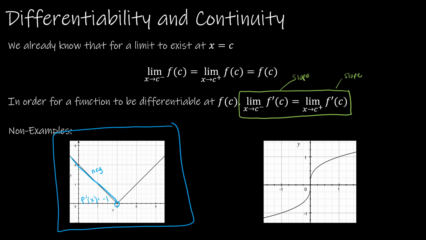But on the right-hand side, f prime of x is equal to +1. So at the point 2, I've got a -1 on one side and a +1 on the other side. Those aren't equal, and therefore a limit doesn't exist. So whenever you have a sharp turn like that, a sharp turn or a corner, that's where you're not going to be differentiable.